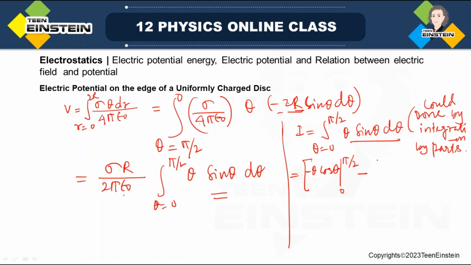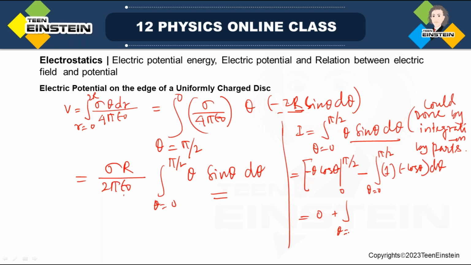Then minus sign, theta from 0 to pi by 2. Here I first take the derivative with respect to theta, so it will be 1, into the integration of sine theta, that will be minus cos theta. The first term is 0, and minus and minus make plus.